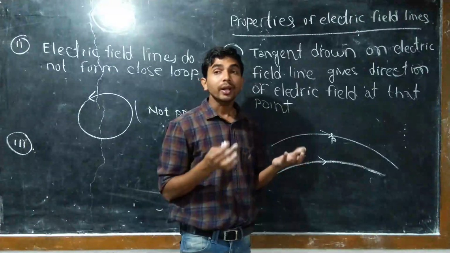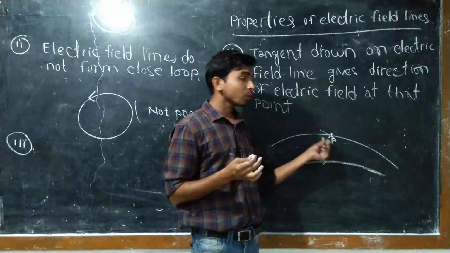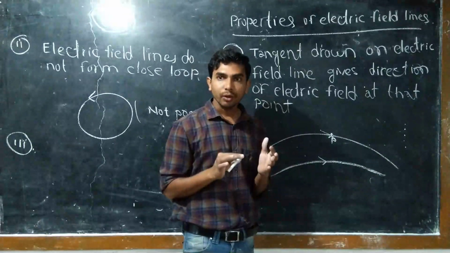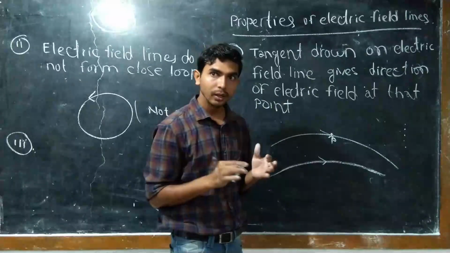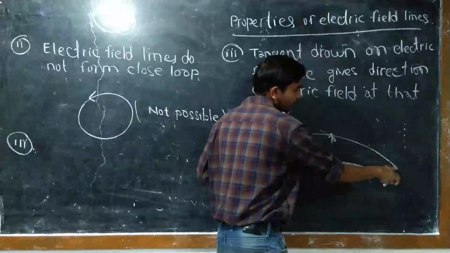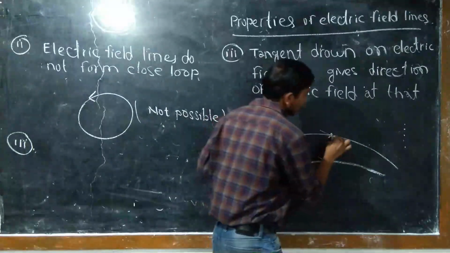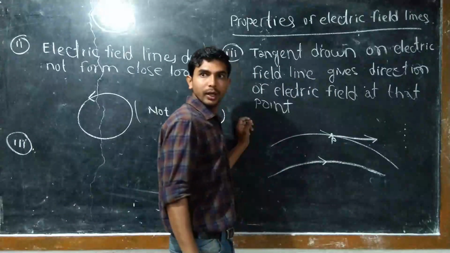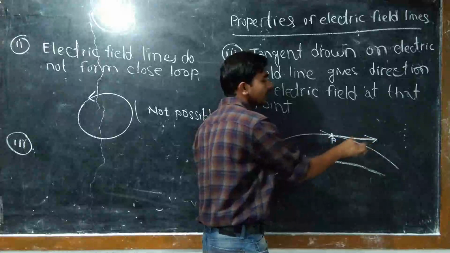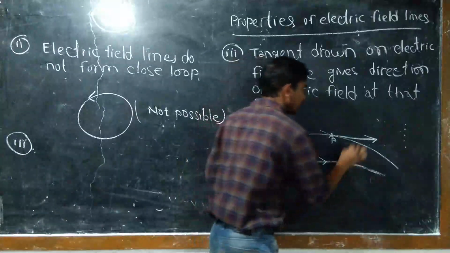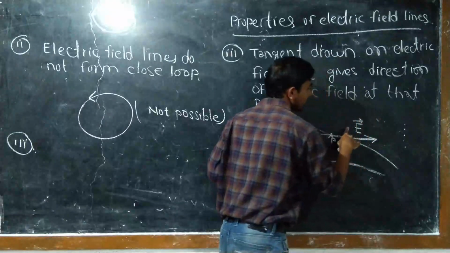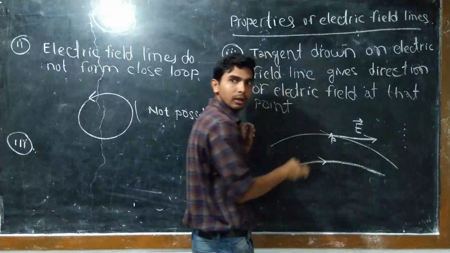So just draw a tangent at this point. The tangent on this point will be somehow along this direction, and this tangent will give the direction of the electric field at point P.